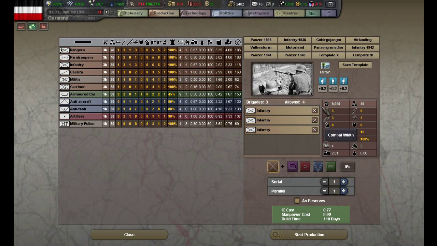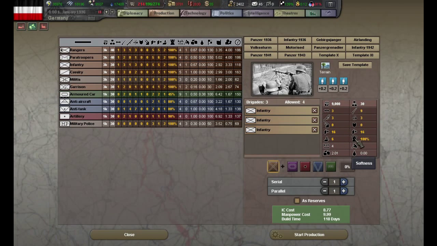Big numbers, small combat width. That's it. So right now we see soft attack 9. That's a nice big number. Hard attack 3. It's not so spectacular. Piercing attack of 3. That's also not so spectacular. So these numbers here directly correspond with the defensiveness, the air defense, and the softness.